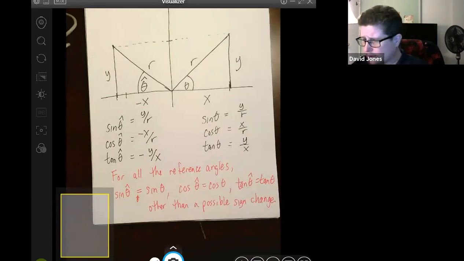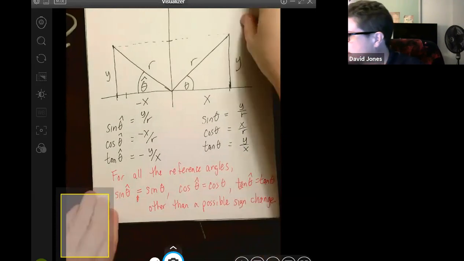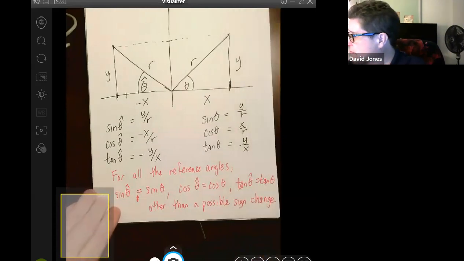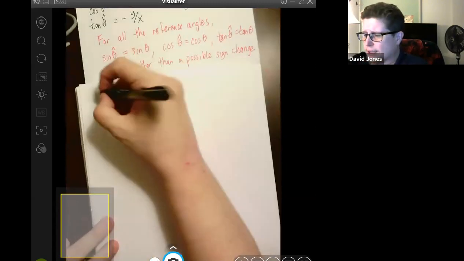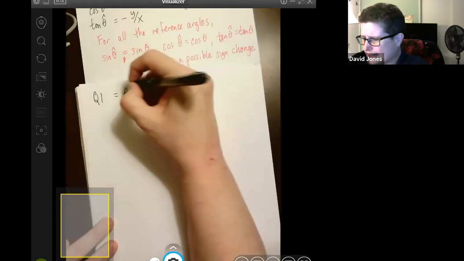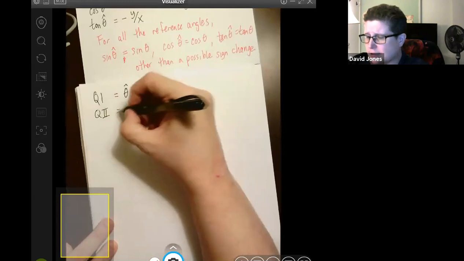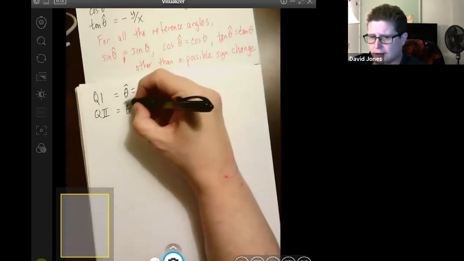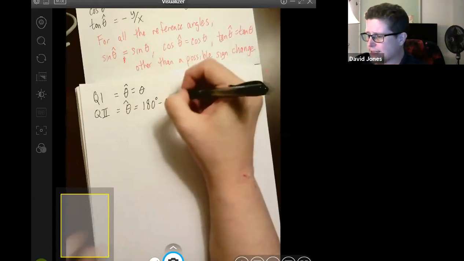So for all those angles, let me write down the list again. Quadrant 1, theta hat equals theta. Quadrant 2, theta hat is 180 degrees minus theta.